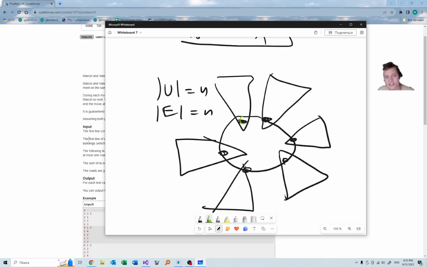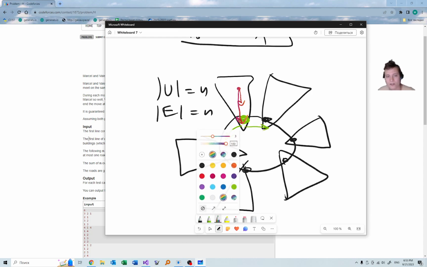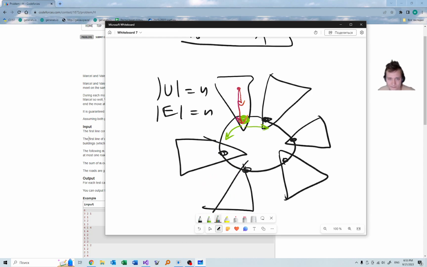Assume that Valery is already on a cycle. Then actually he wins, because if Marcel is not going to touch him, then Valery can just stay in the same vertex. If Marcel is going to touch him, then Valery can visit either this vertex or this vertex. One of these solutions might be infeasible, because Marcel can be, for example, here.